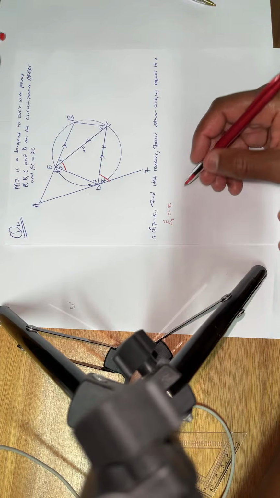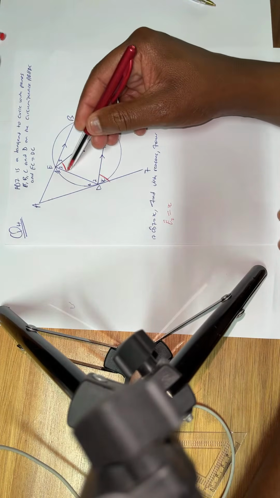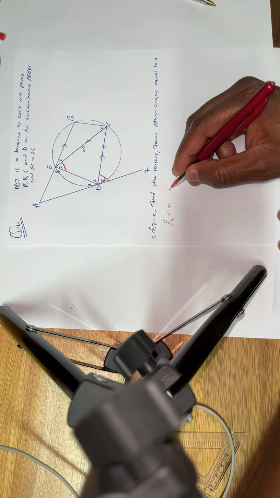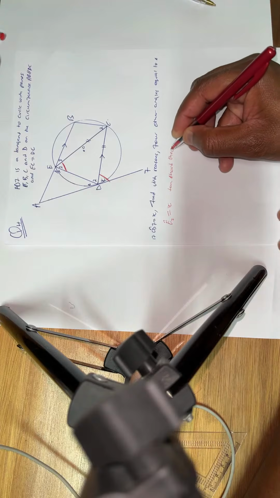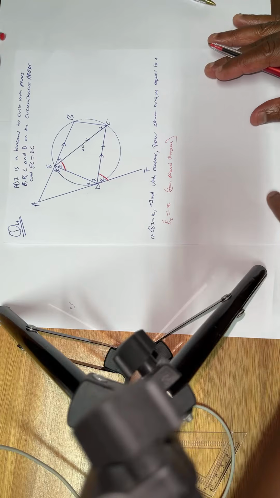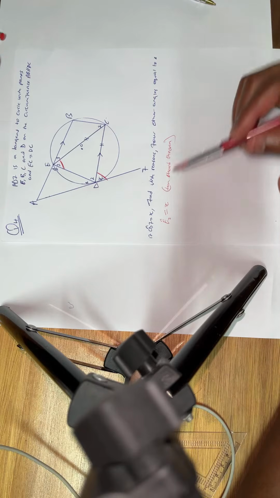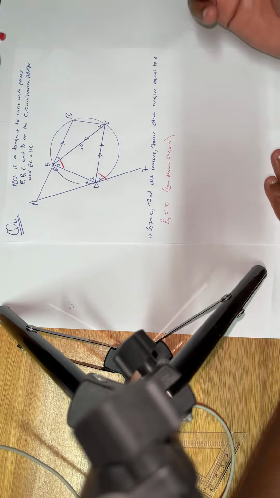This is because this is the tan chord theorem, okay? So it's basically the tan chord theorem. And then we are left with 3 of them. We are checking again.